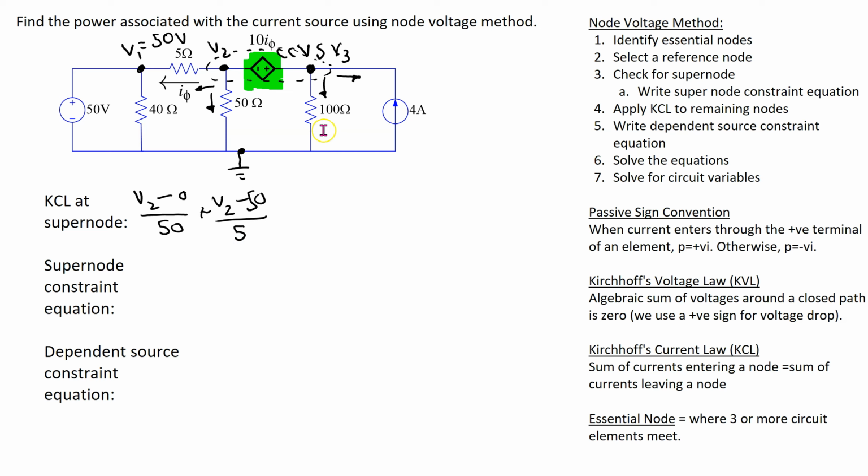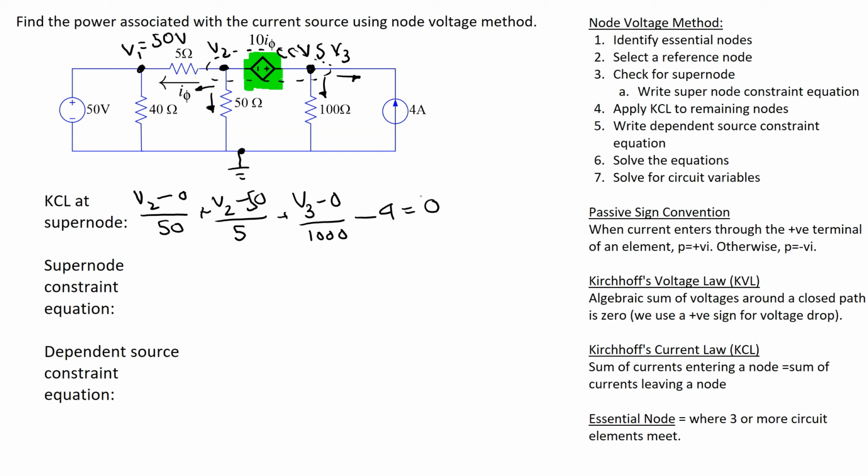Now moving to the other side, this branch current through the 100 ohm resistor is (V3 - 0)/100. And then in this branch, the current magnitude has to be equal to the current source magnitude. And since this branch current is in the opposite direction to the current source, we get -4. The sum is equal to 0.